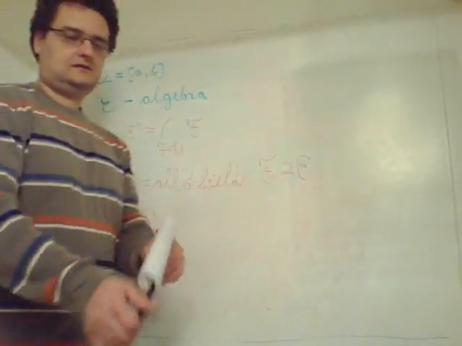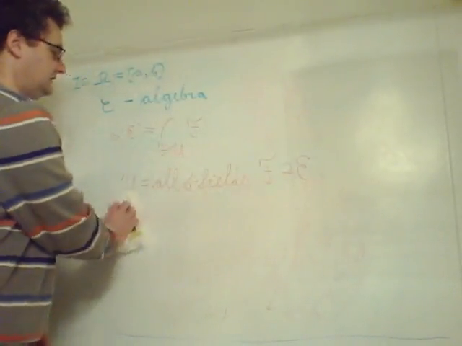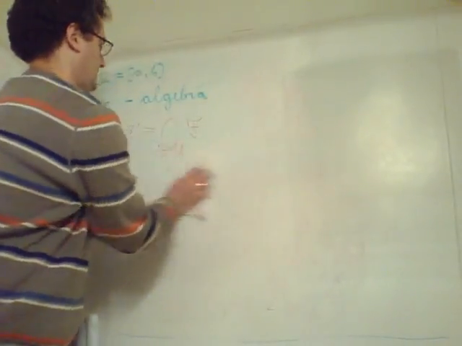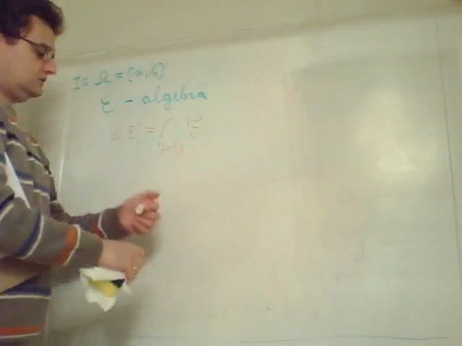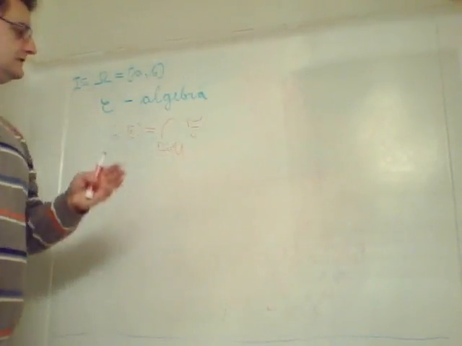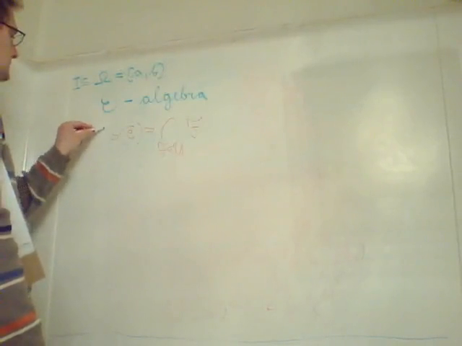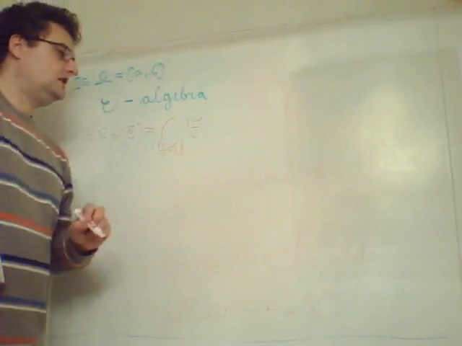And we can even show that this is a sigma field. Why is it a sigma field? Well, we just need to check those two requirements. First of all, sigma of E is non-empty because E is contained in it, and E is non-empty.